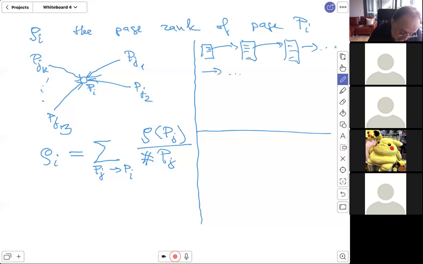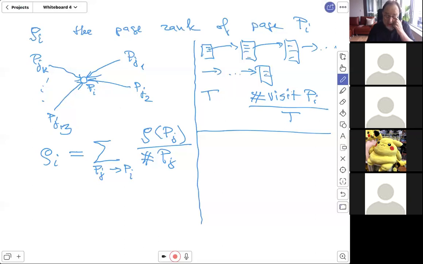Doing that a very large number of times, say T. A reasonable way to estimate the importance of a web page is, if you do such a very long surfing, what would be the number of times that you visit a particular page Pi compared to the total number T of all web pages that you visited.